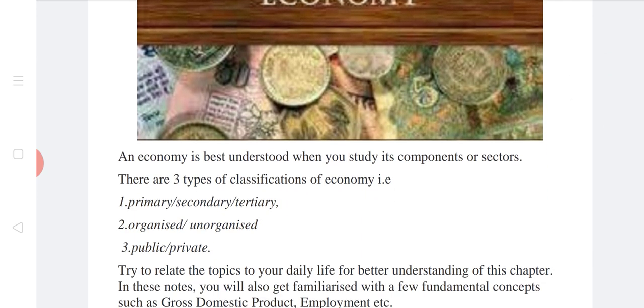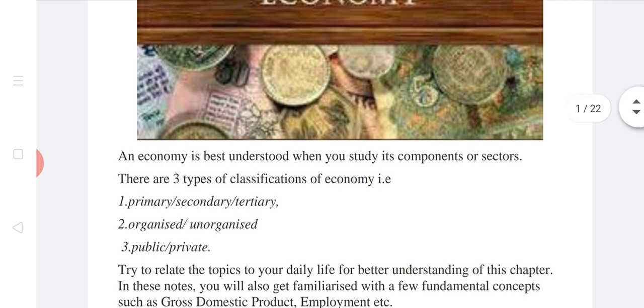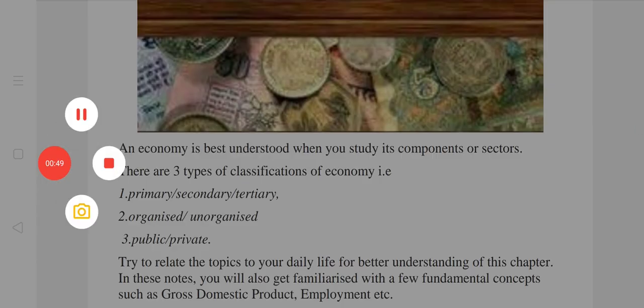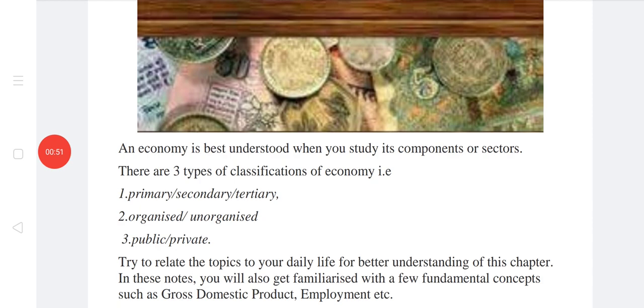Basically, economy is best understood when you study its components or sectors. There are three types of classification of the Indian economy. One is primary, secondary, and tertiary.